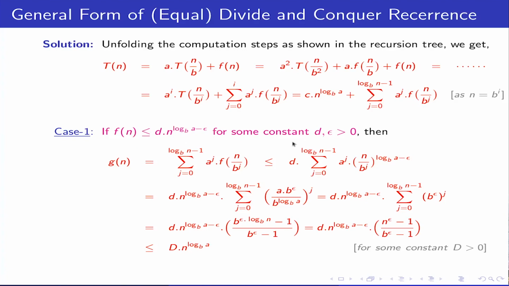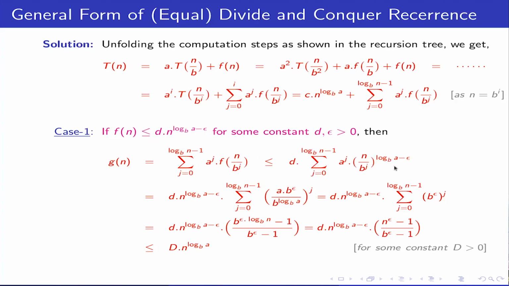So what happens here? Let us expand this one. I know f(n/b to the power j). If I put in this inequality here, it becomes d times (n/b to the power j) to the power log a base b minus epsilon, and d is put out here, because f(n) is less than this, so f(n/b to the power j) is less than d(n/b to the power j) to the power of this. So I have just put f(n/b to the power j) here with a less than or equal to, assuming this relation.